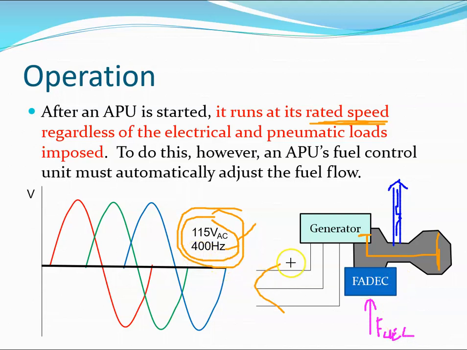Well, what the FADEC will do then is it will cut out the pneumatic bleed. So the electrical system has preference. It will reduce this pneumatic feed so that the load drops off and we can retain this 400 hertz.